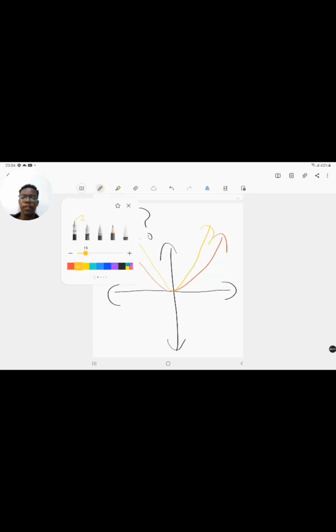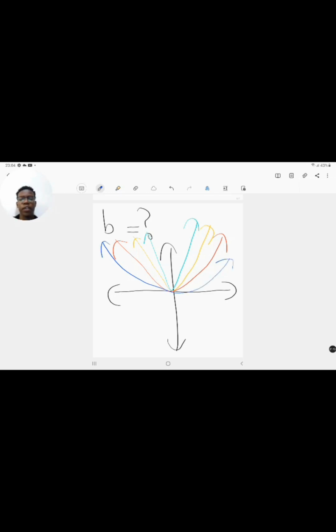You could have a graph that looks like that. See what's happening, it's getting thinner and thinner. I'm intentionally drawing them to look like this, thinner and thinner. Or you could have a graph that looks like that, and the other direction is also true.